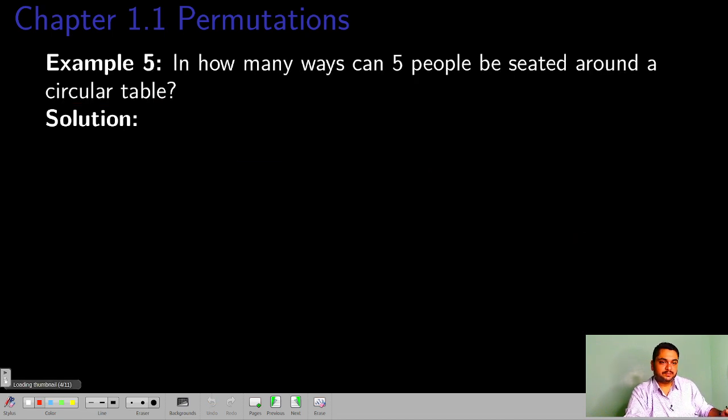Next, in how many ways can 5 people be seated around a circular table? So this is a circular permutation. Let us try to understand this concept first.